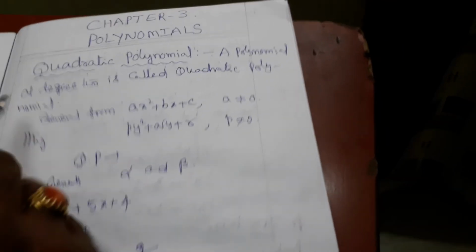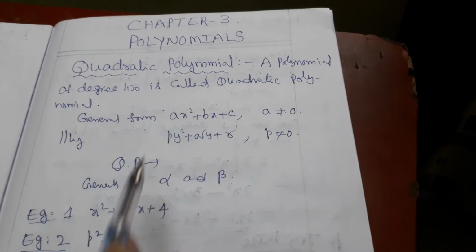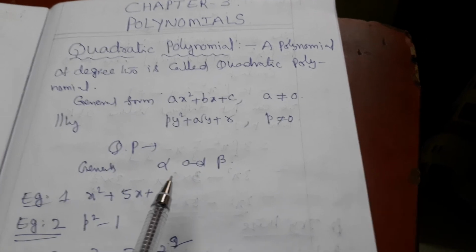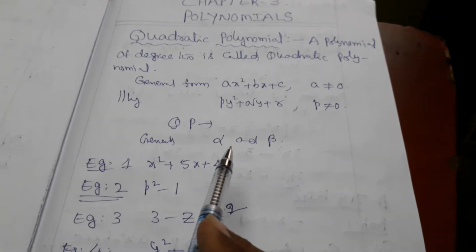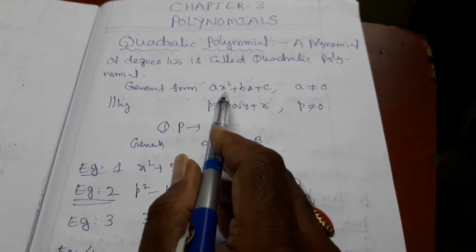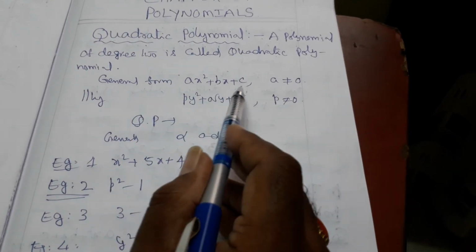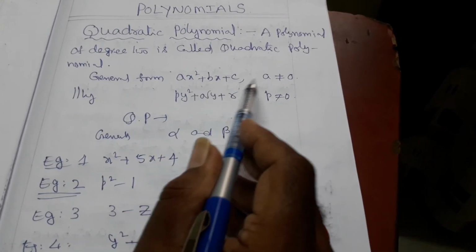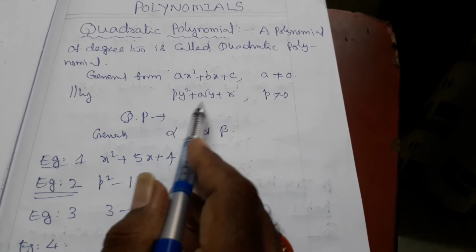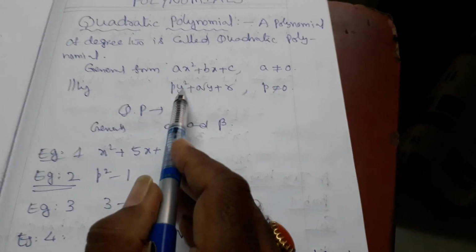Okay students, now once again I recall this quadratic polynomial. A polynomial of degree 2 is called a quadratic polynomial. What is the general form of a quadratic polynomial? Sometimes they may ask under half mark questions, write the general form of a quadratic polynomial, that is ax square plus bx plus c, or py square plus qy plus r, whatever it may be. The variable may be x or y or z also.